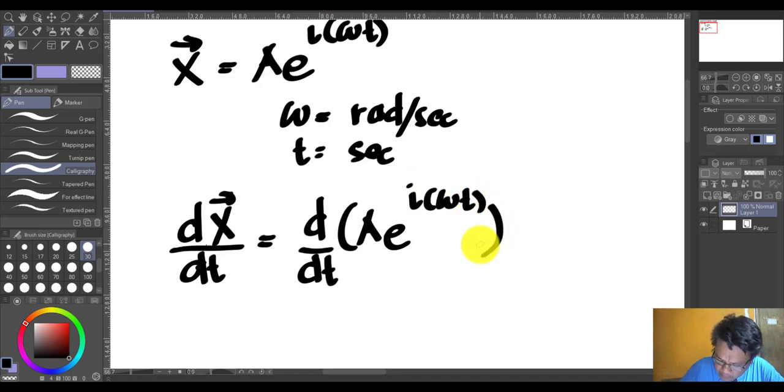If you differentiate this with respect to time, we have the value of i times your angular velocity.